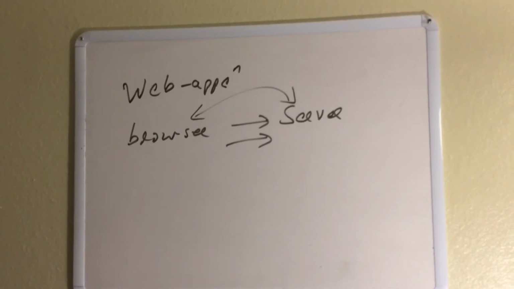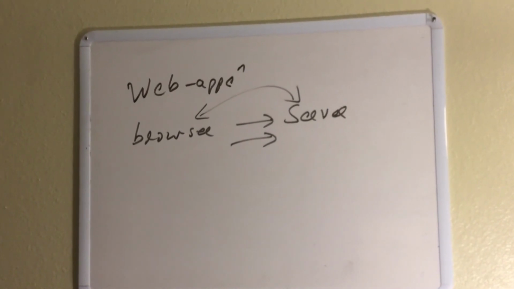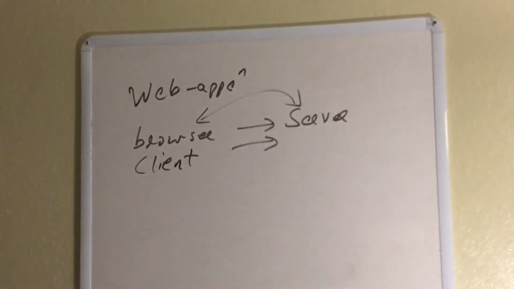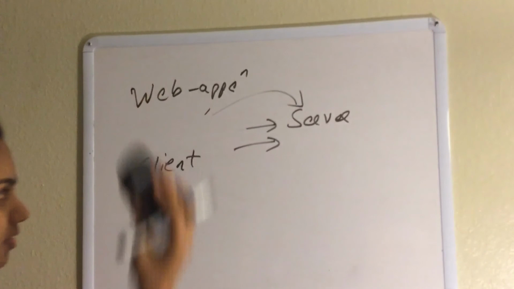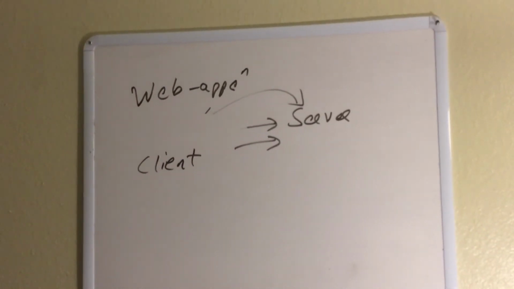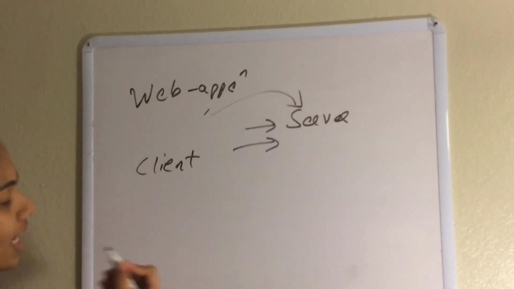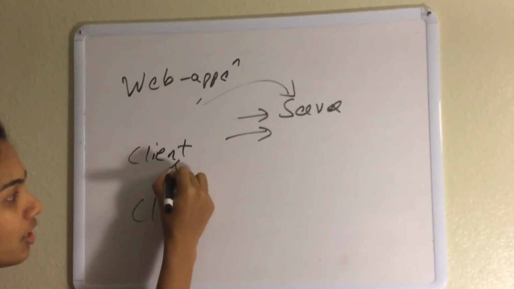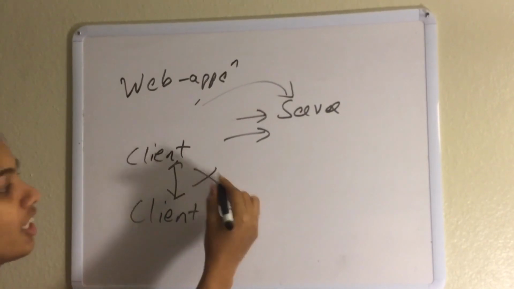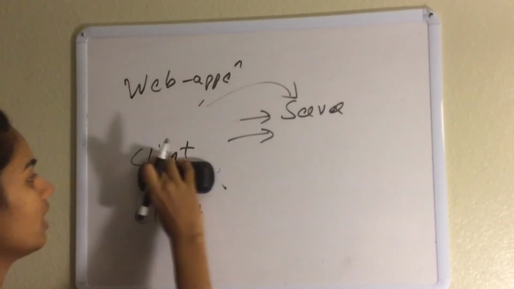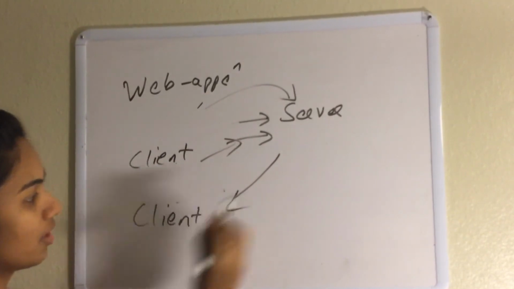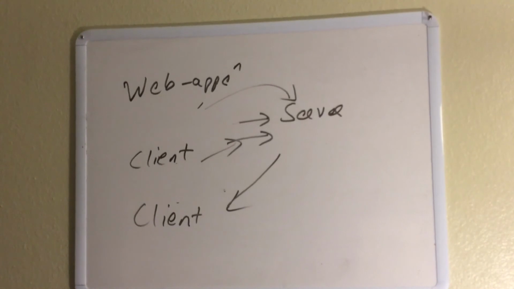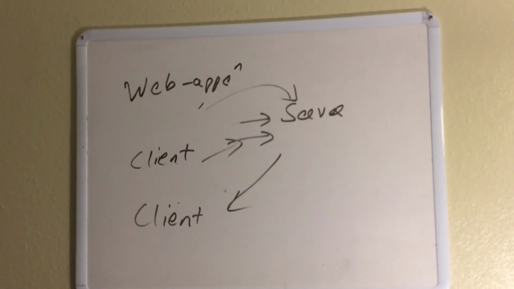In client-server architecture, we have a client and a server. Generally, two clients do not directly communicate with each other. They communicate via the server, so the server is the intermediate thing between the two clients.